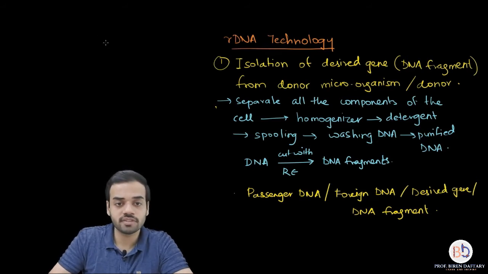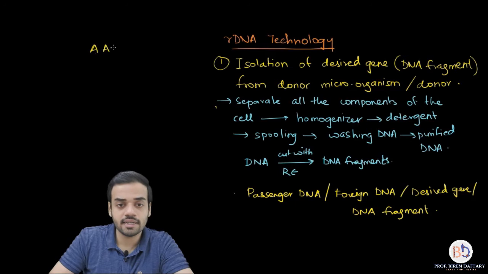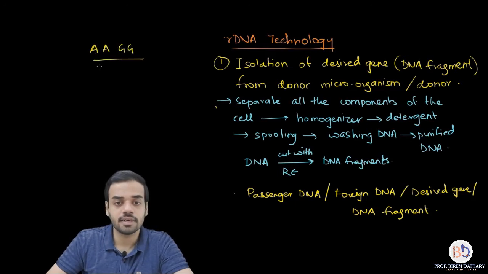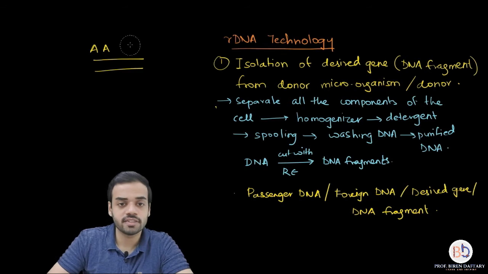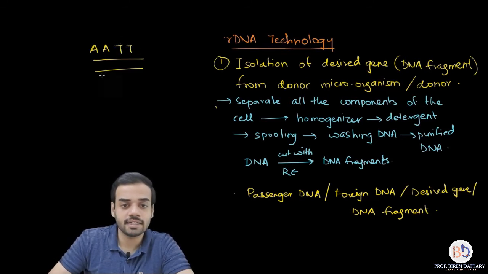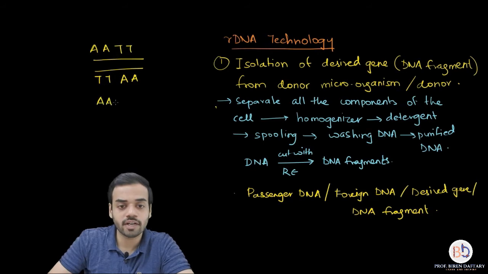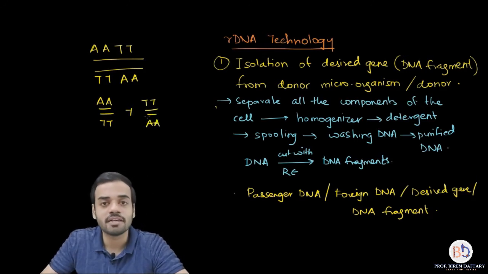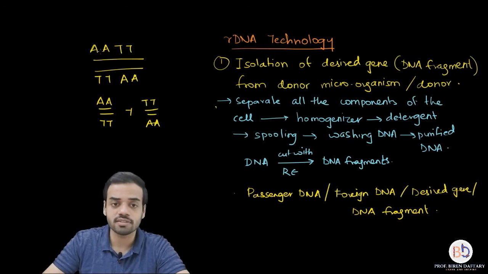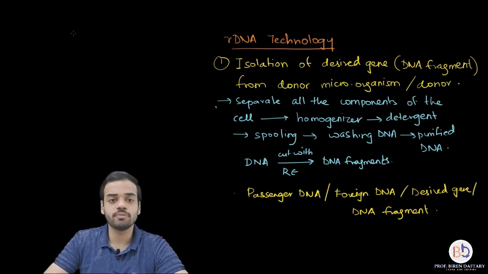For example, suppose the sequence is AATT and here it is TTAA, and suppose the restriction enzyme cuts this DNA into two fragments, one fragment AATT and the other fragment TTAA. Now there is no unpaired nucleotide, so these are called blunt ends. I have already taught you this in the restriction enzyme video, so I hope this is understood.